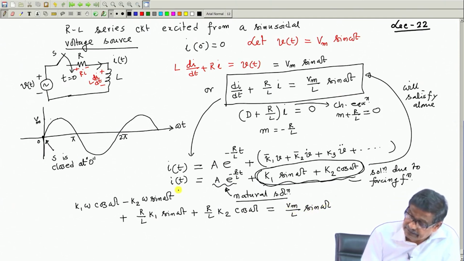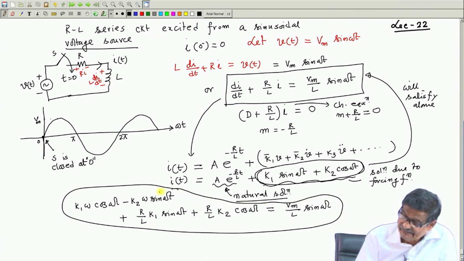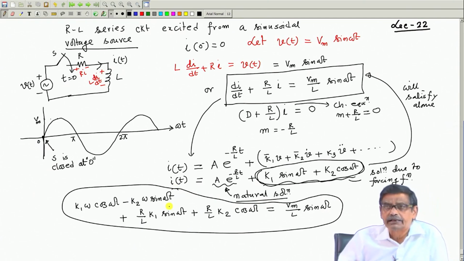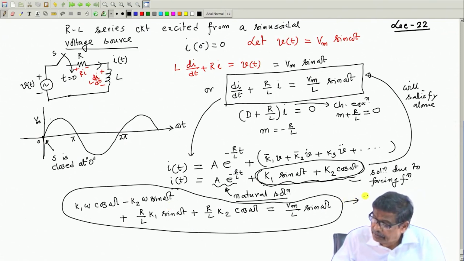This is the thing. So, I am first determining the constants k1, k2. K1, k2 can be determined, and as I told you, there are two unknowns, not an infinite number of unknowns, and these two unknowns can be solved for by having two equations. And this is an identity, mind you, this is an identity.